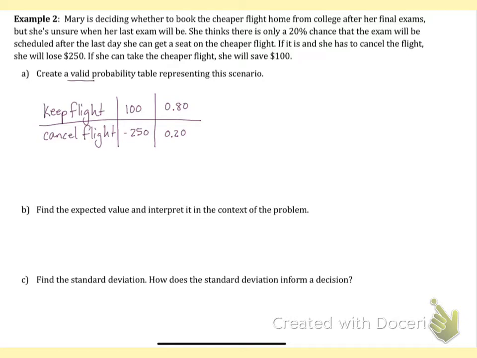So I want to talk about why this is a valid probability table. It's a valid probability table for two reasons. First, our probabilities will add up to 1. And then second, each probability is between 0 and 1.